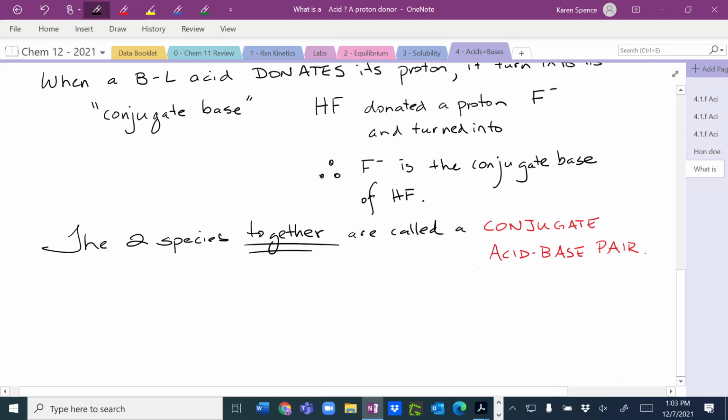And if you want a definition for that, it is a pair of chemical species that differ by a single proton.